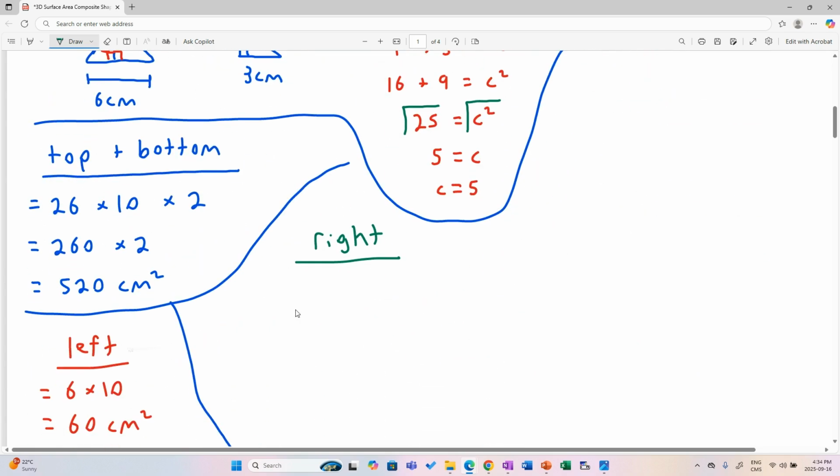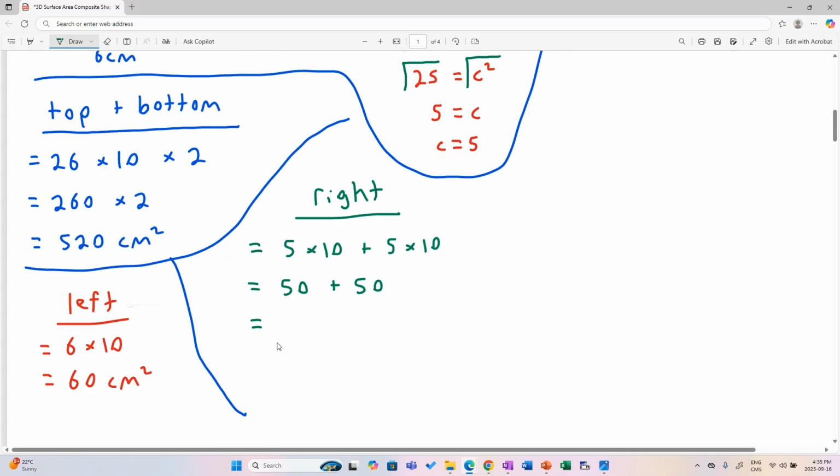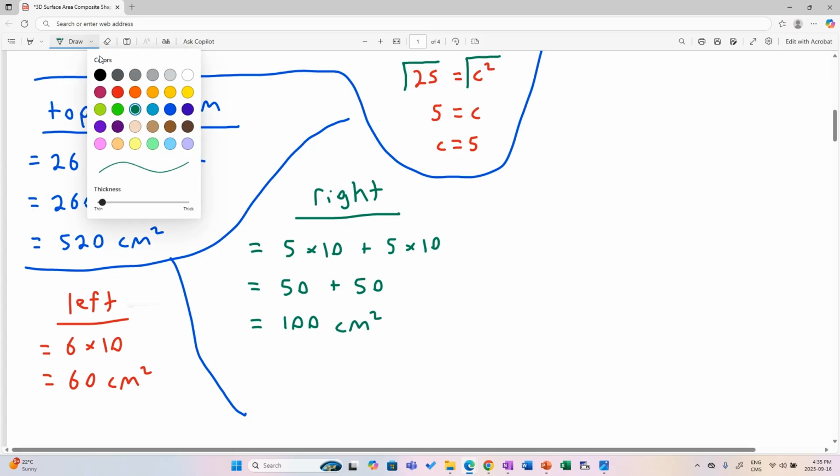So I'm going to have 5 times 10 and another 5 times 10. 5 times 10 is 50. I'm going to add another 50 to that, or I can just do 50 times 2. It really depends. And then I'm going to get 100 centimeters squared. Okay, that's the right side.